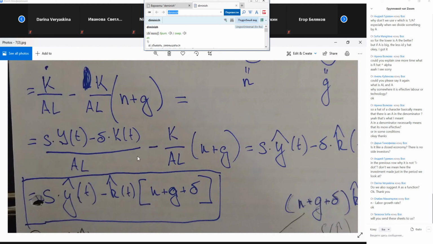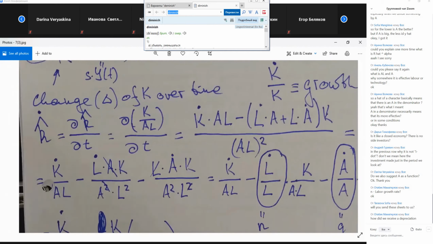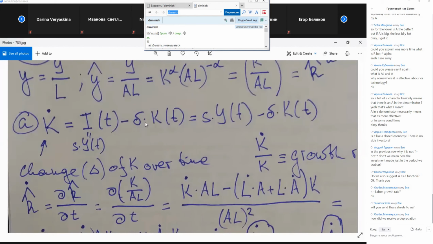With the second term, we aggregate several effects. Let's start with the depreciation. This is easy. The more capital we have, depreciation is just like it was given to us in the task from the very beginning, so we know that capital depreciates.